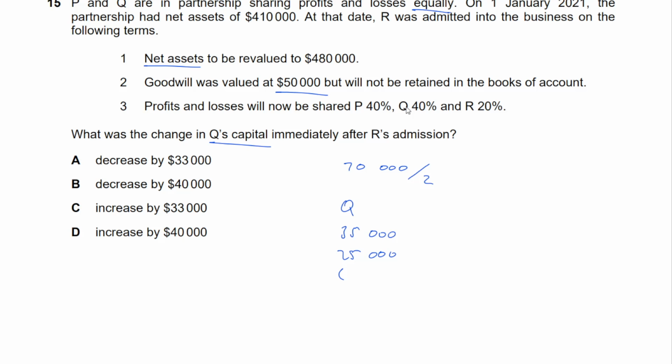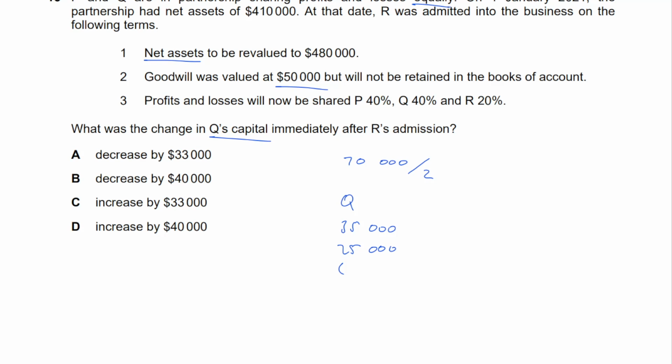There's a reasoning behind that, which we will get into at some later time. For now, you can just apply the method. That gives 20,000. It has a logical reason behind it as well, but for now we'll stick with the question and not go too deep into the concept. So for Q, the capital will increase by 40,000.